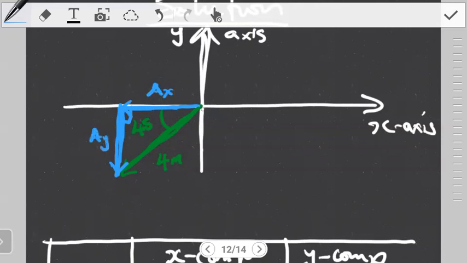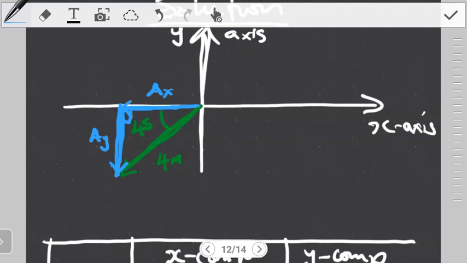So by observation, you see that A in x is adjacent to the 45-degree angle. So from here, you should see that A in x is going to be given by cos, and A in y is going to be given by sine, since they are opposite to each other. I mean, A in y is opposite to the 45-degree angle.